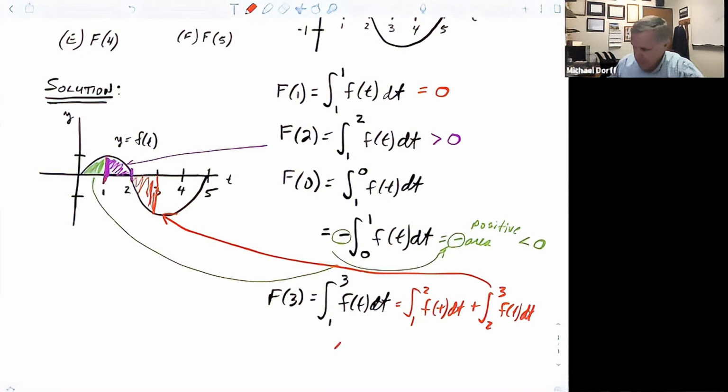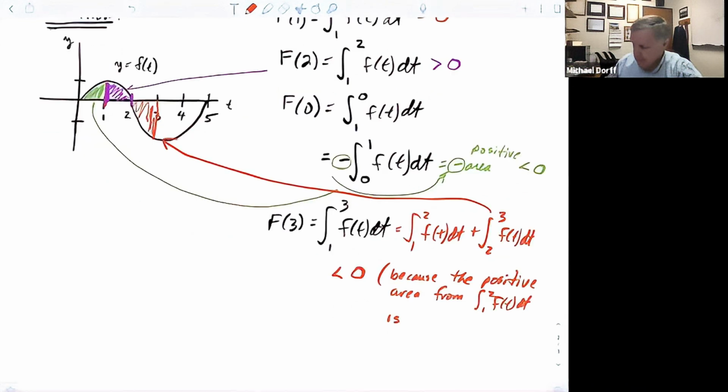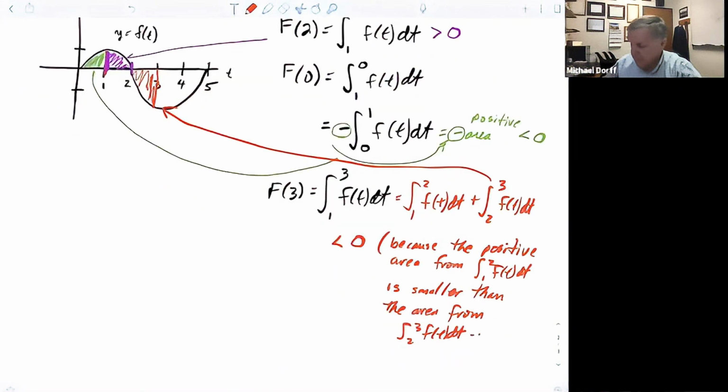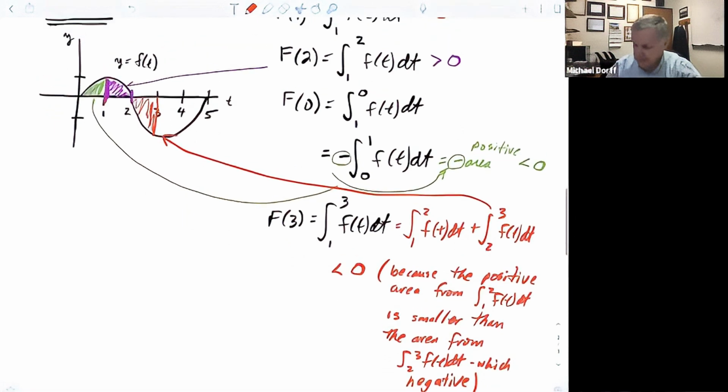So all that will also be less than 0, because the positive area from 1 to 2 of f of t dt is smaller than the integral from 2 to 3 of f of t dt, which is negative. So I have more negative area there from 2 to 3 than I have positive area from 1 to 2. So that's all going to be negative.